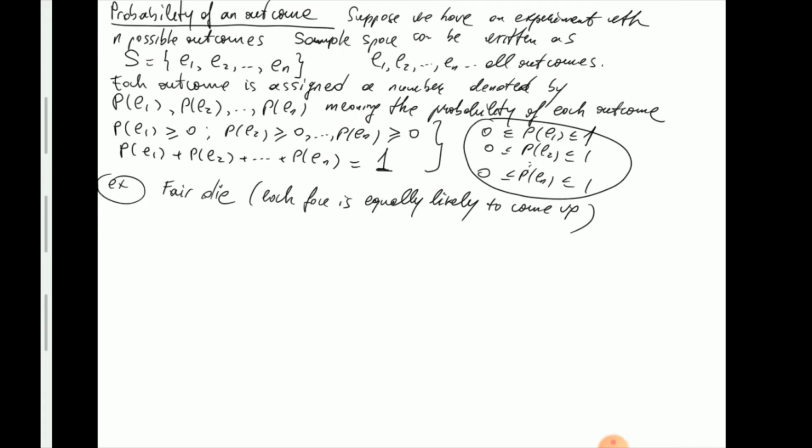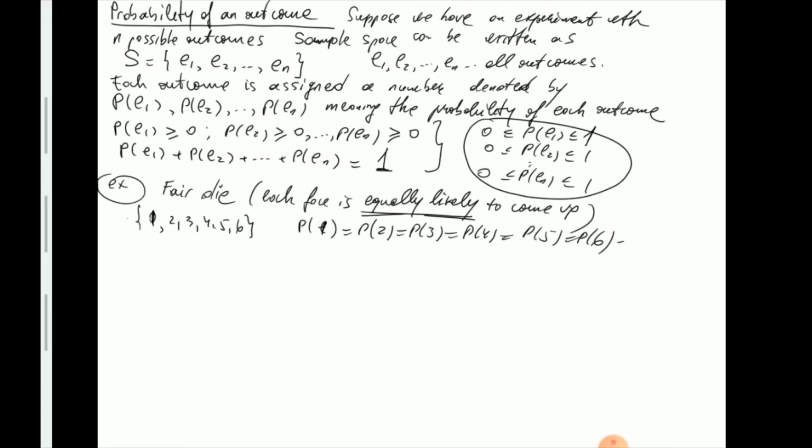Well, if each face is equally likely, the outcomes are 1, 2, 3, 4, 5, and 6, and the probability of each of them, P of 1, P of 2, P of 3, P of 4, P of 5, P of 6, should be equal to each other. Now we know already they are equal to 1/6, but let's pretend we don't know, right? Let's pretend we build this model from scratch.